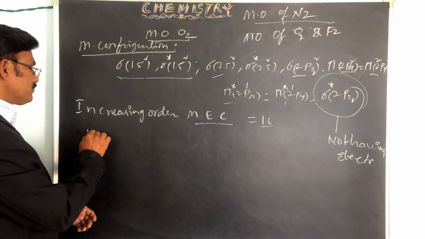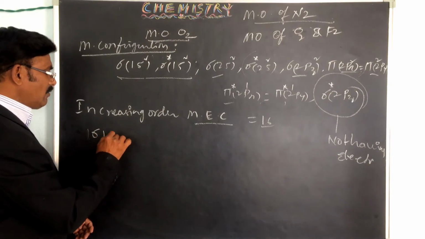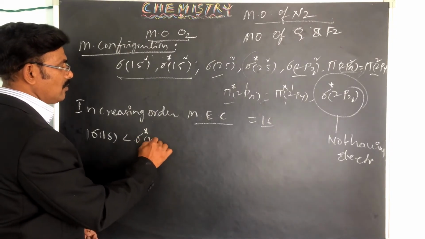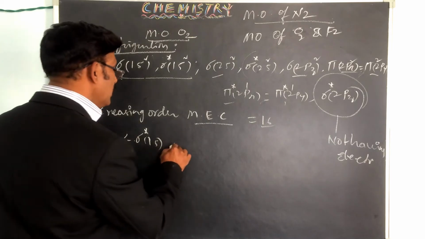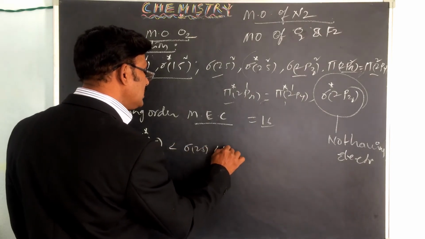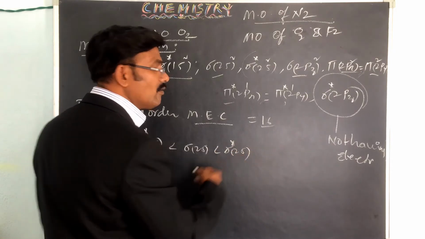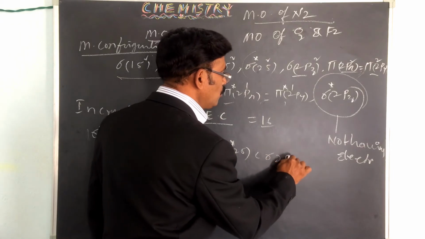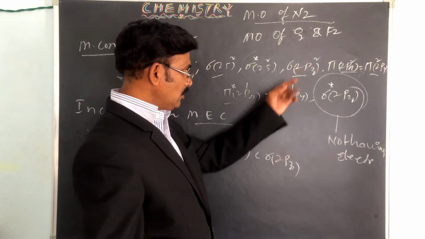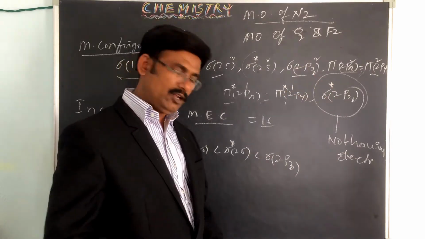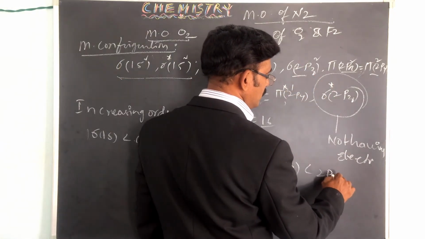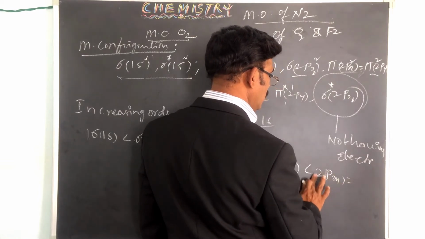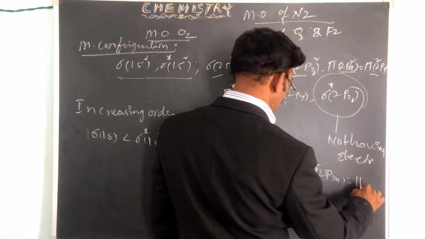Sigma 1s is less than sigma star 1s. Then sigma 2s is less than sigma star 2s. Then sigma 2pz, then pi 2px and pi 2py.